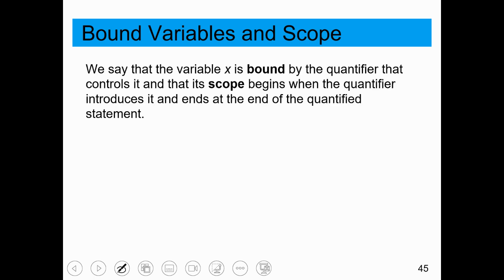So we say that the variable x is bound by the quantifier that controls it, and its scope begins when the quantifier introduces it and ends at the end of the quantified statement. Okay, so x is bound by the quantifier that controls it. But after the statement is over, then that's the end of that.